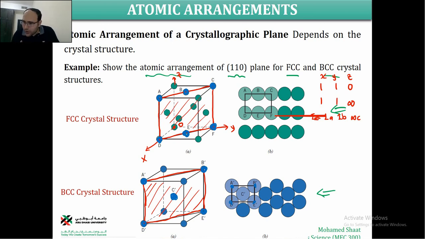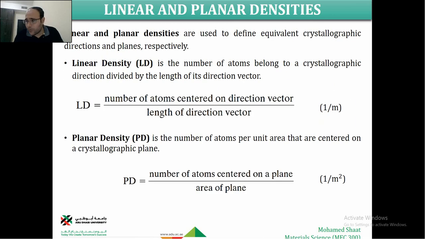This is very similar to the atomic packing factor, which gives an idea of how crowded the atoms inside the crystal structure are: is it a filled, crowded atomic structure, or an empty one? So the same thing applies: what is the density of the atoms over a certain crystallographic plane or direction?